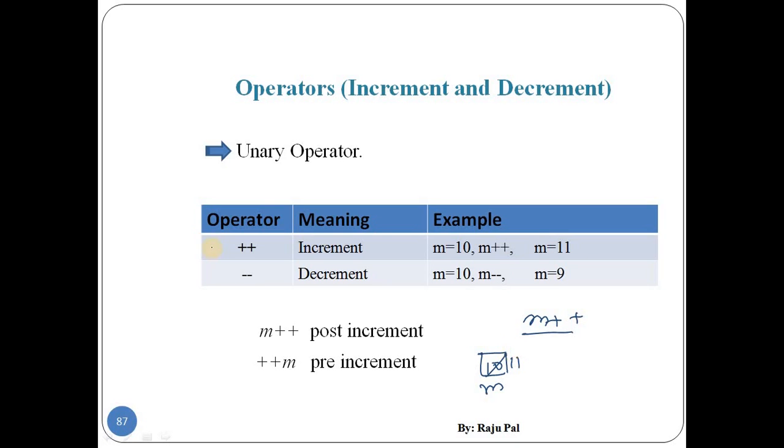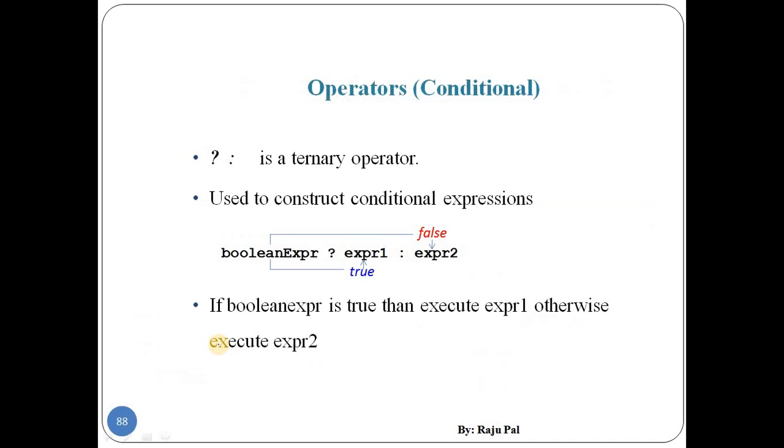Now we can use this plus plus in two ways. Either I have an operand m, I can use the plus plus after the m, it means it is post-increment, and if I use it before m, it will become pre-increment. Similarly with post-decrement and pre-decrement, they have some different meanings. We will cover these when we study the operators in more detail.